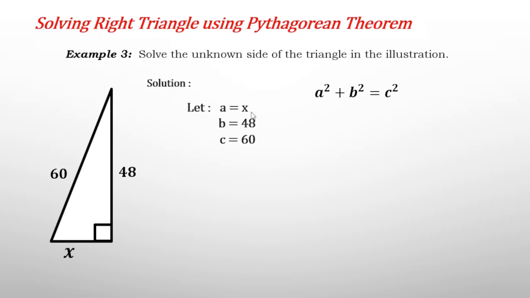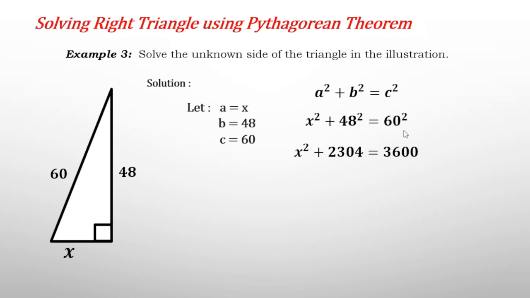So as we substitute the values of A, B, and C, the equation becomes x squared plus 48 squared is equal to 60 squared. Just copy x squared and then simplify 48 squared. 48 squared, that is 48 times 48, is equal to 2304.